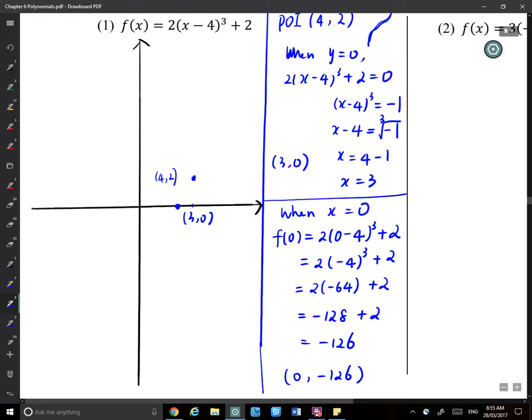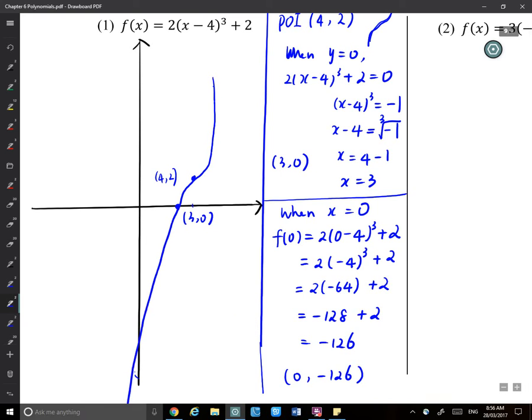And you have (0, minus 126) somewhere below here. So I will have a graph that looks like this.